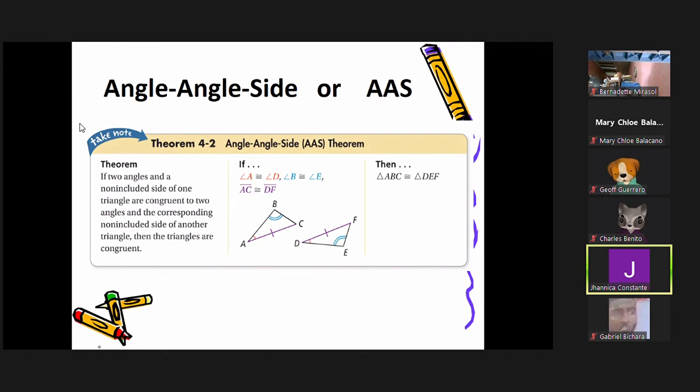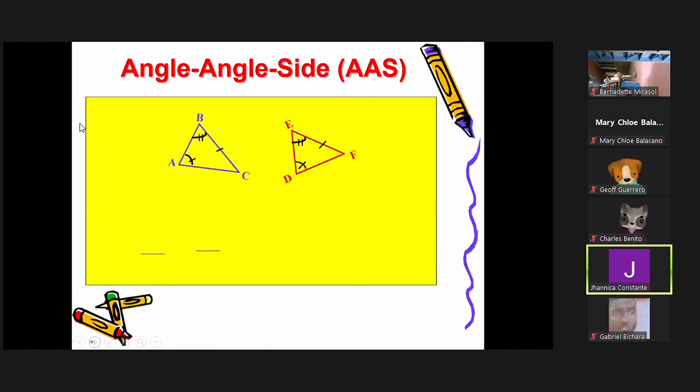Looking at the symbols for the angles and the side of the triangle, the corresponding or congruent parts of these triangles: angle A is congruent to angle D, angle B is congruent to angle E, and side BC is congruent to side EF.